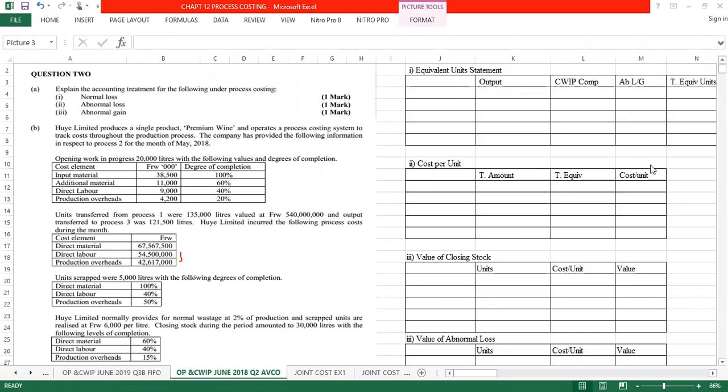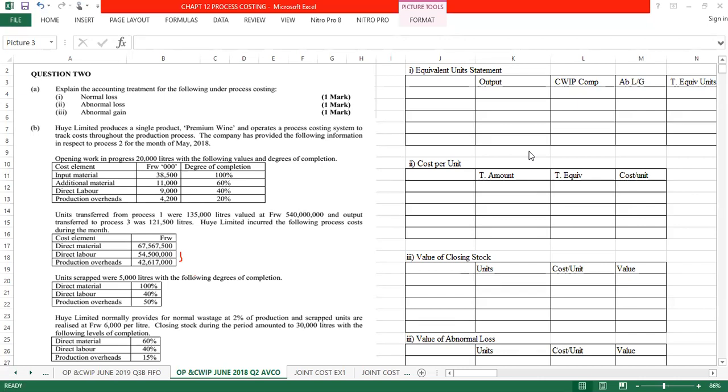Abnormal loss, what is the accounting treatment of abnormal loss? Can somebody tell me? Is it a debit or a credit in the process account?